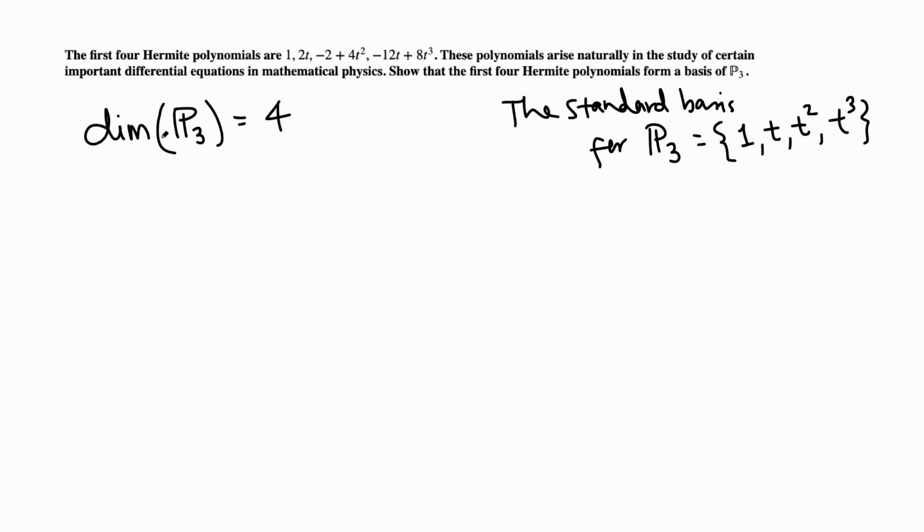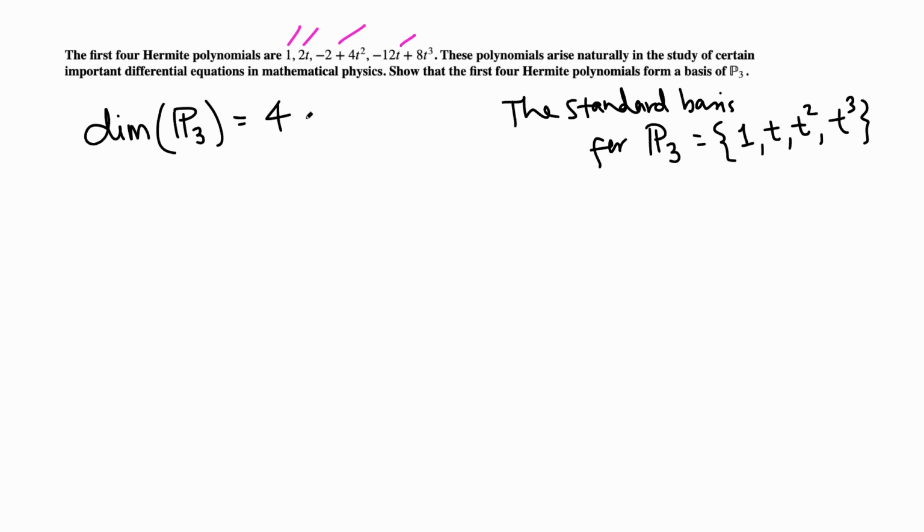From this we know that the dimension is 4, and here we have 4 members. These Hermite polynomials are 4, so the dimensions match.